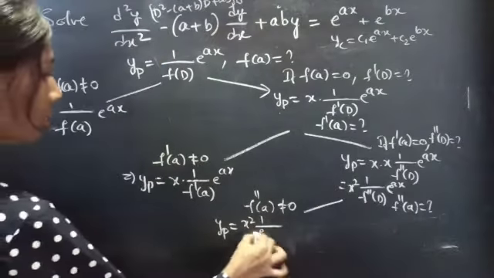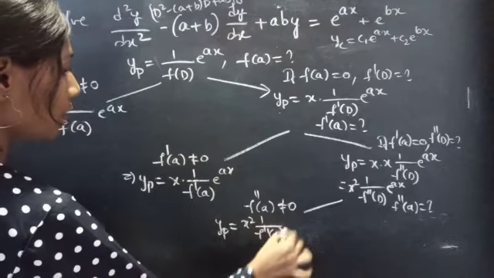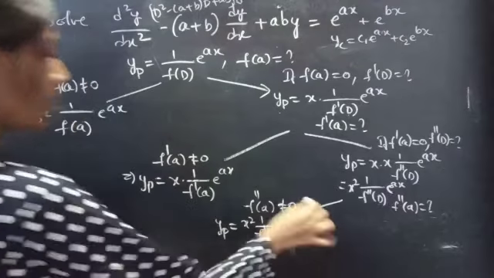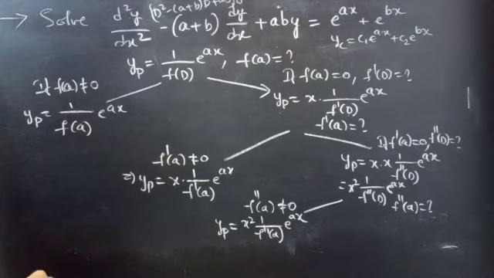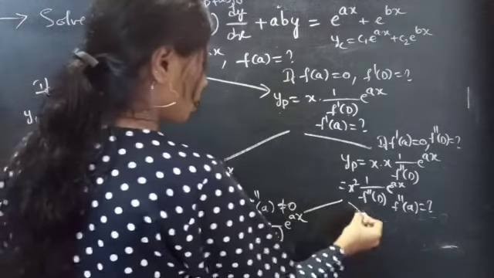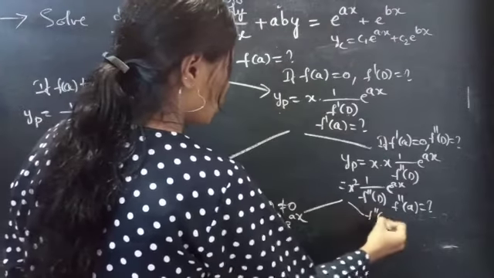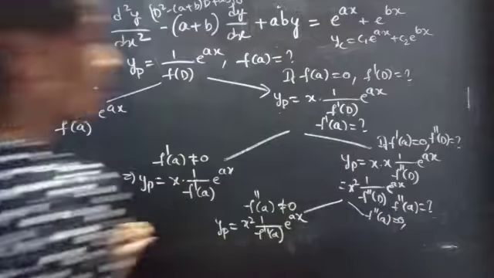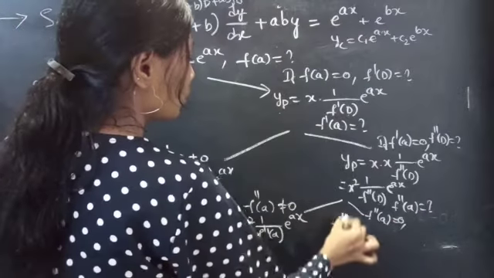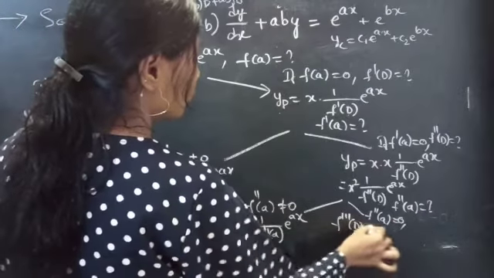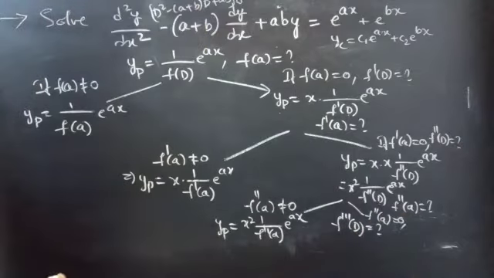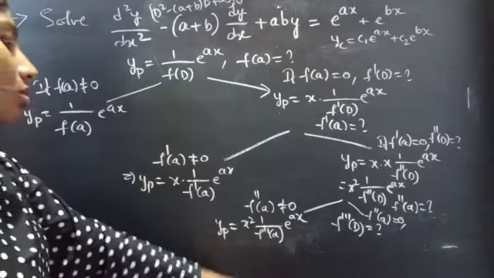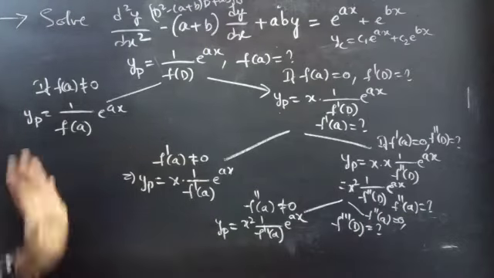Then you'll get 1 by f double dash of a into e power ax as your particular integral. Otherwise, if f double dash of a equals to 0, then you will find f triple dash of D. Again you'll just continue the same process.